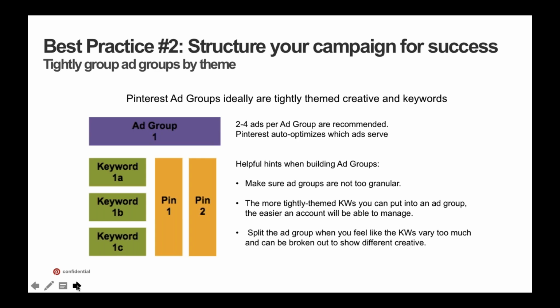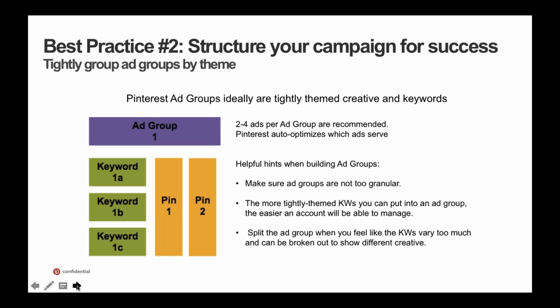Some other helpful tips when building out ad groups. This one can be a little confusing, but we recommend making sure ad groups are not too granular. What is too granular? Many times in traditional search campaigns, advertisers will put only 2 to 3 keywords per ad group because they're really trying to increase that relevancy between the actual keyword and the text ad associated with that keyword.